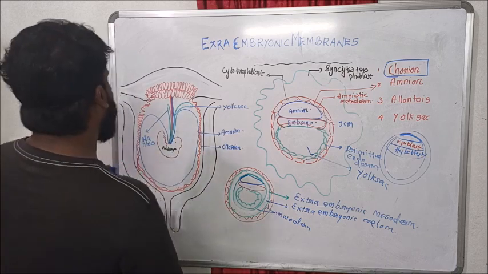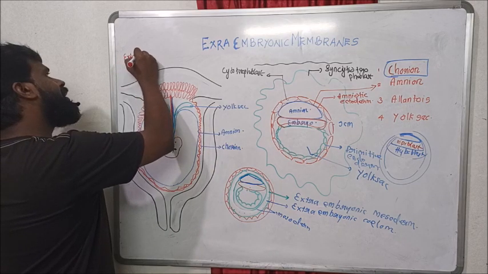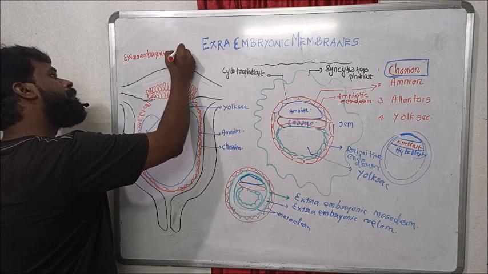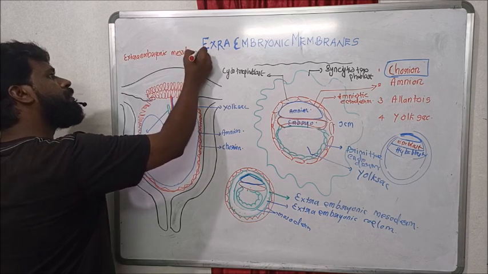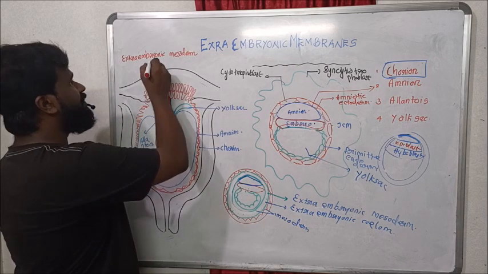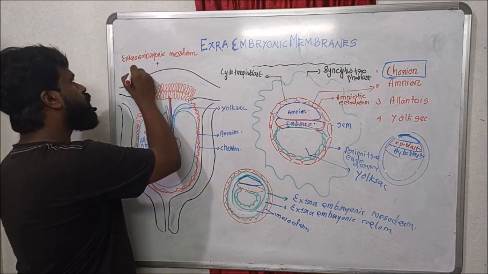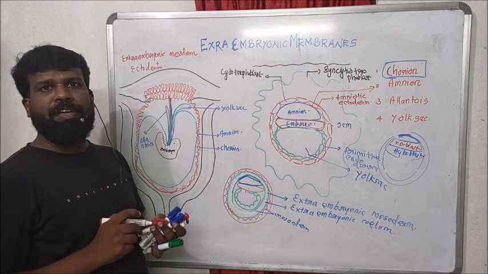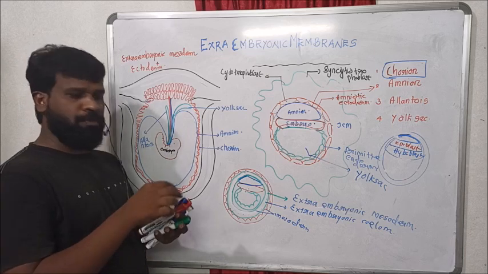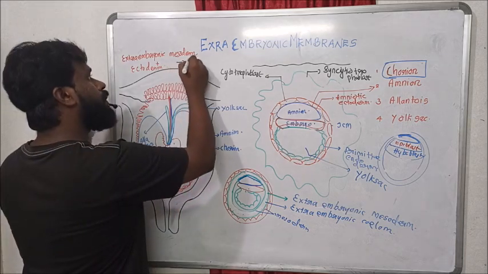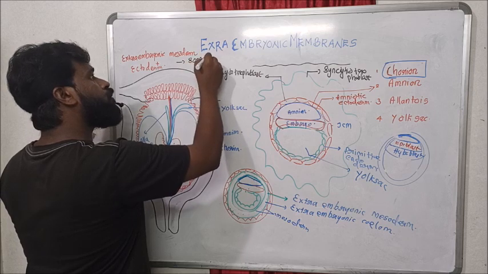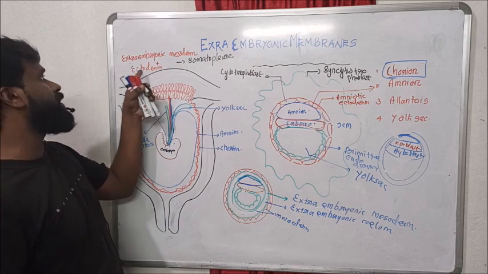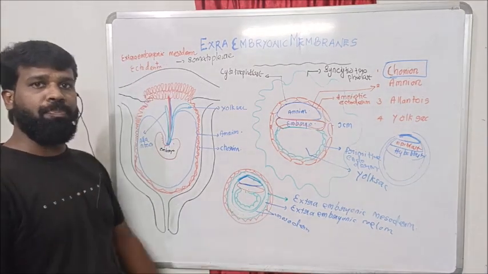Extraembryonic mesoderm along with the ectoderm is called somatopleure.